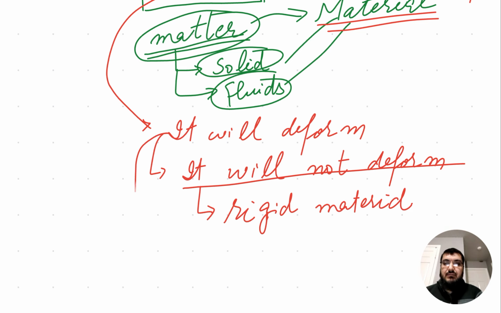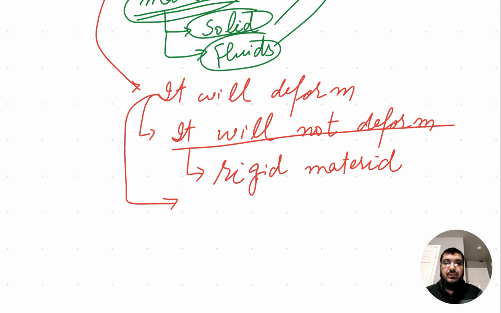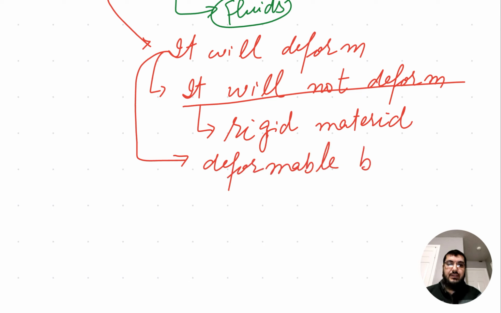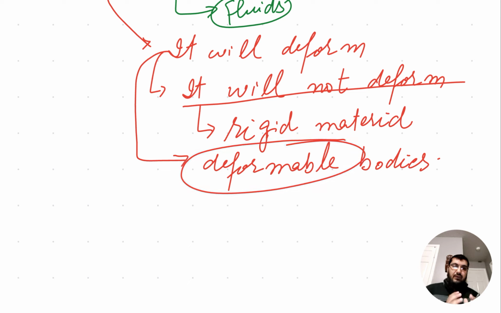And the material which deforms under the application of load is called a deformable body. When I talk about deformable bodies, the first thing that comes to your mind is whether it can be a fluid or a solid.